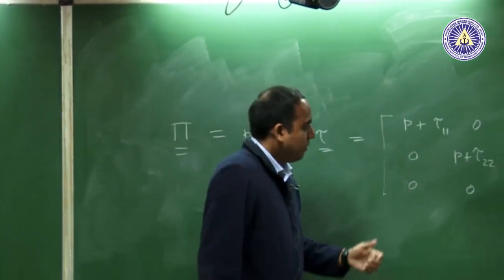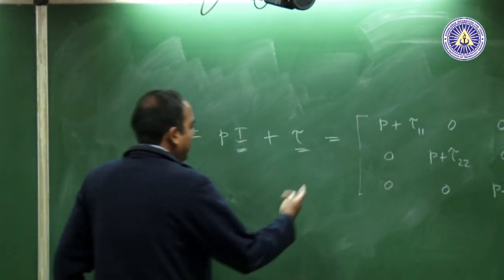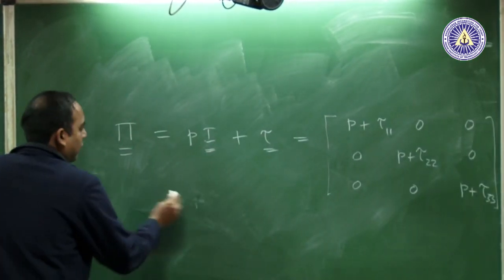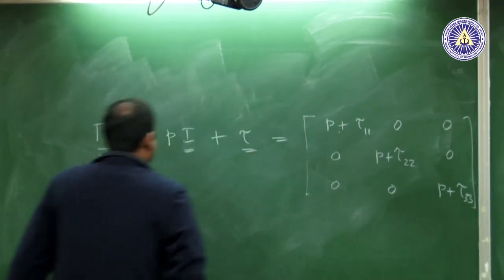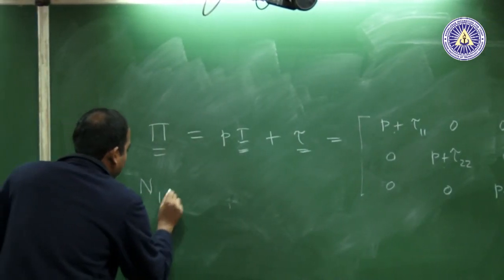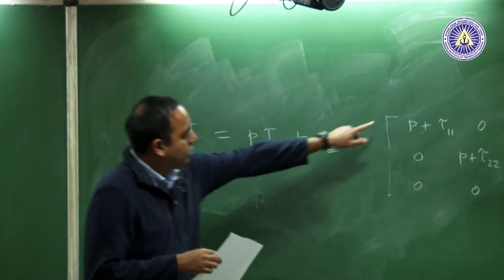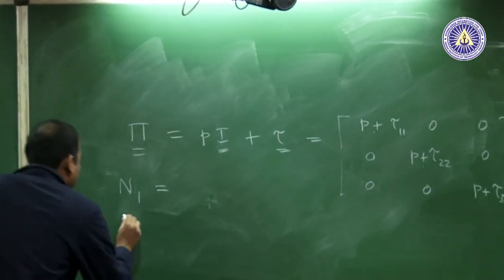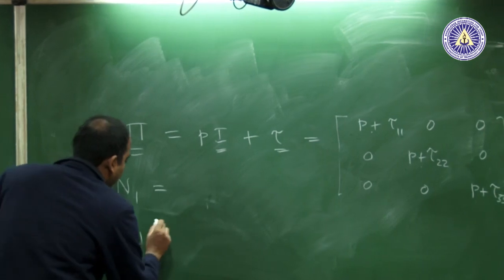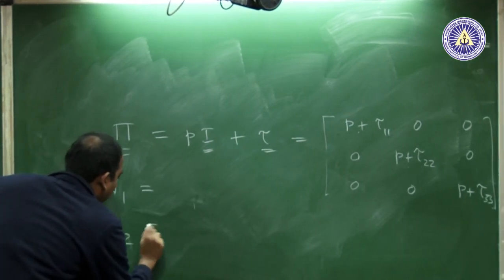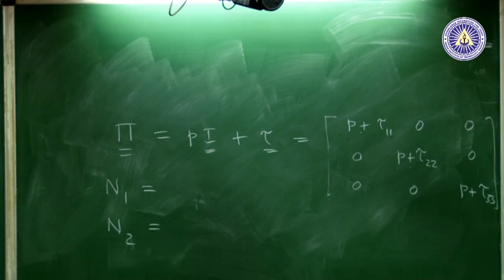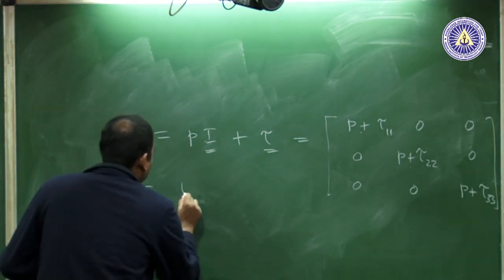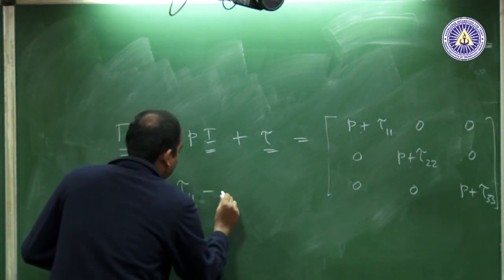That is why, when we try to measure stresses from non-Newtonian fluid experiments, we do not really measure stresses. What we measure is differences between these terms, for example between this and this, and then this and this. These differences have special names: they are called the first and second normal stress coefficients. I will of course define them later, but once you take differences, they are independent of the pressure.